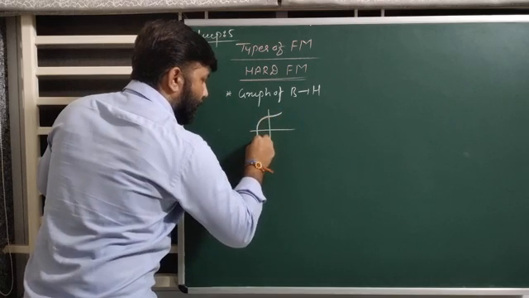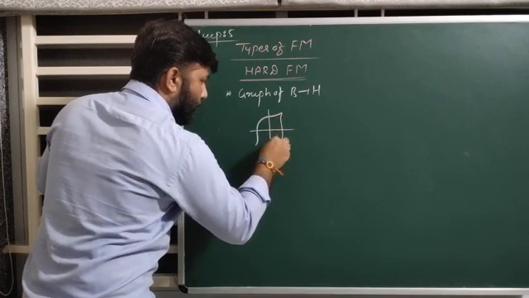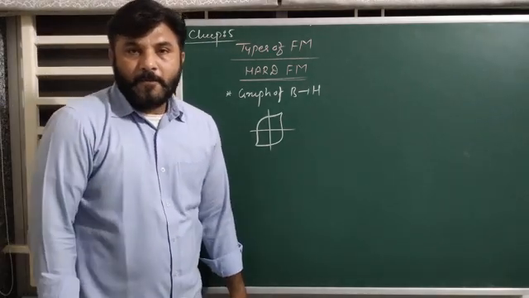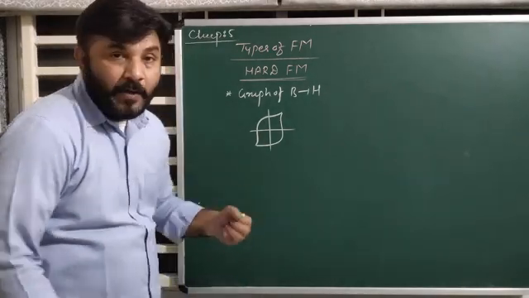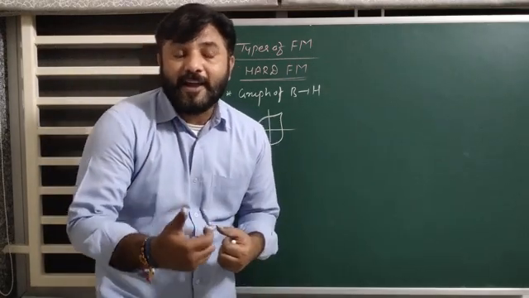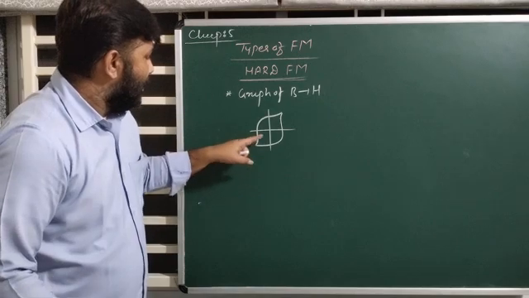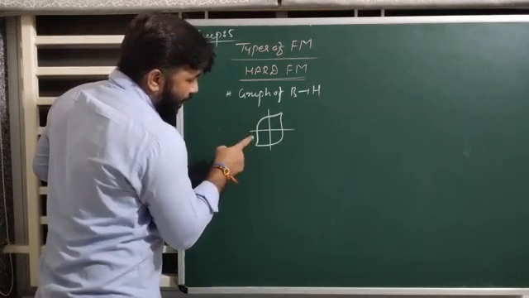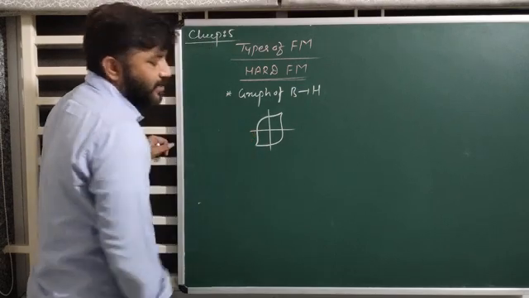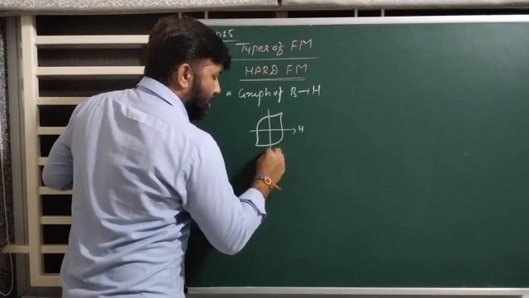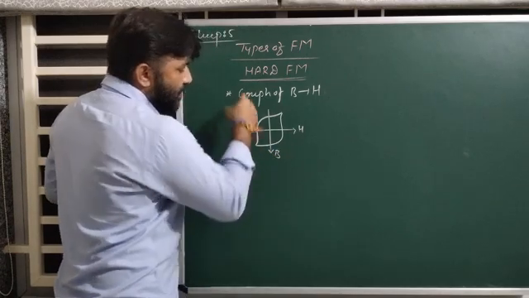See. Okay? So this graph looks healthy, right? Means here, check it out. Point of retentivity as well as point of coercivity, right? Here it is H, it is B. You just check it out.